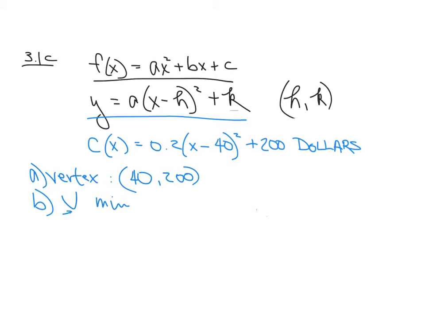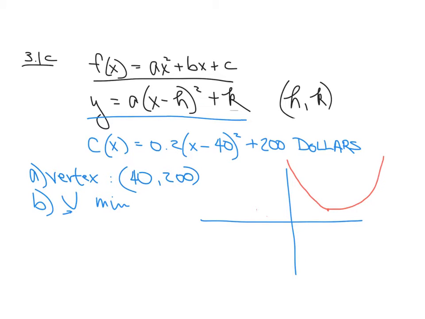And C, graph the function using a window that includes the vertex. In other words, they want you to use your graphing calculator to go ahead and graph this. We can just real quickly graph this at 40 to 100, where x is 40 and y is 200, and let's just say it's right there. So we're going to graph it like this.